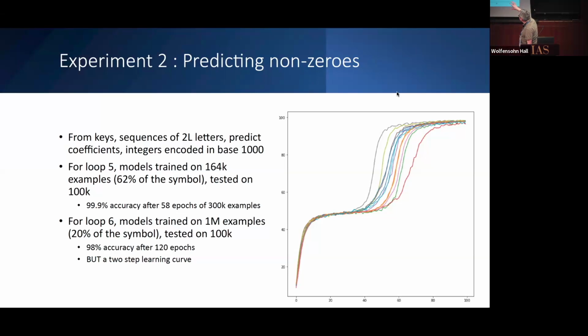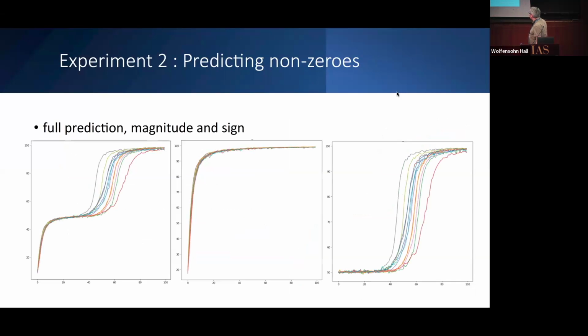So here, you can see that all the models manage, but there's something funny for loop 6: you got 2 steps. You see the model goes up and then it saturates at around 50% and it stops and then it learns. And I have many curves because they correspond to different experiments, different initializations of the model, slightly different architectures, etc. So this 2-step curve was a bit puzzling, so we tried to study it.